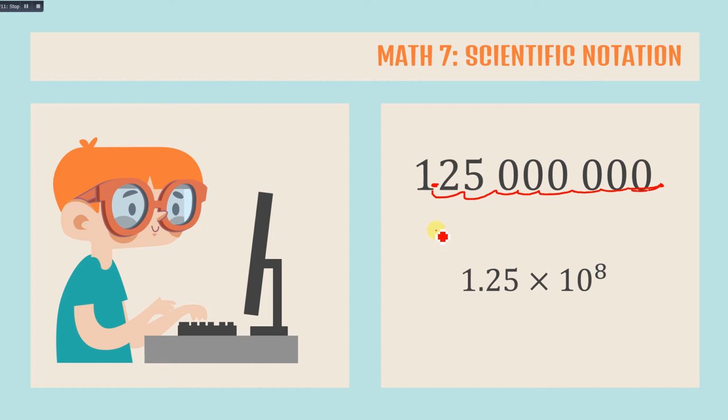Why did we put the decimal point between 1 and 2? There should only be one digit to the left of the decimal point to get out all the factors of 10. That's why we should have only one digit left of the decimal point in our scientific notation.